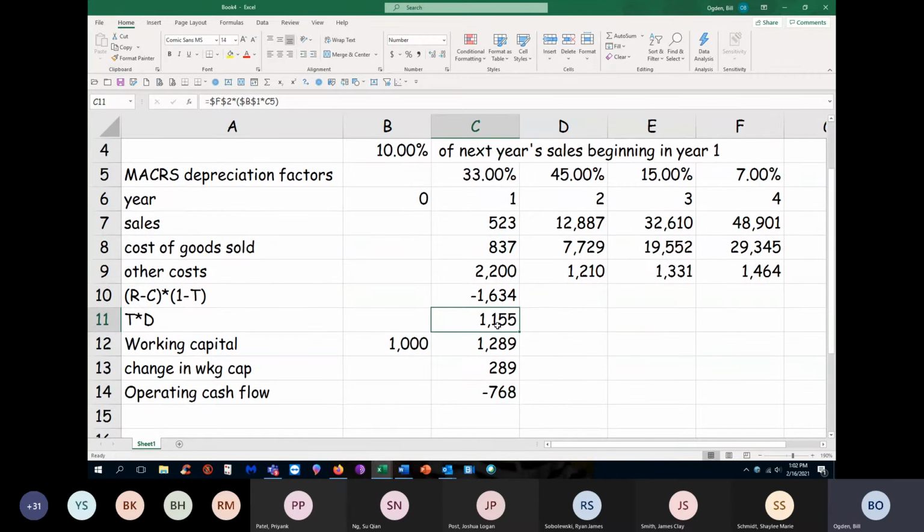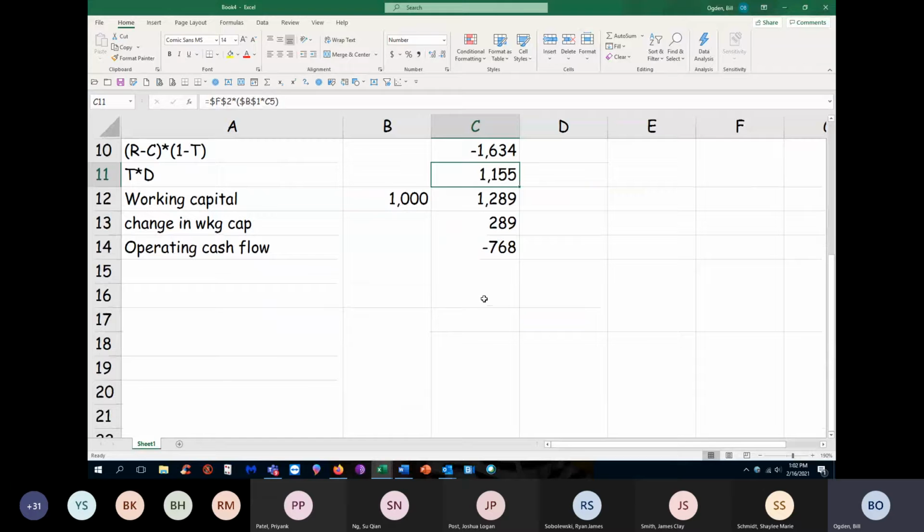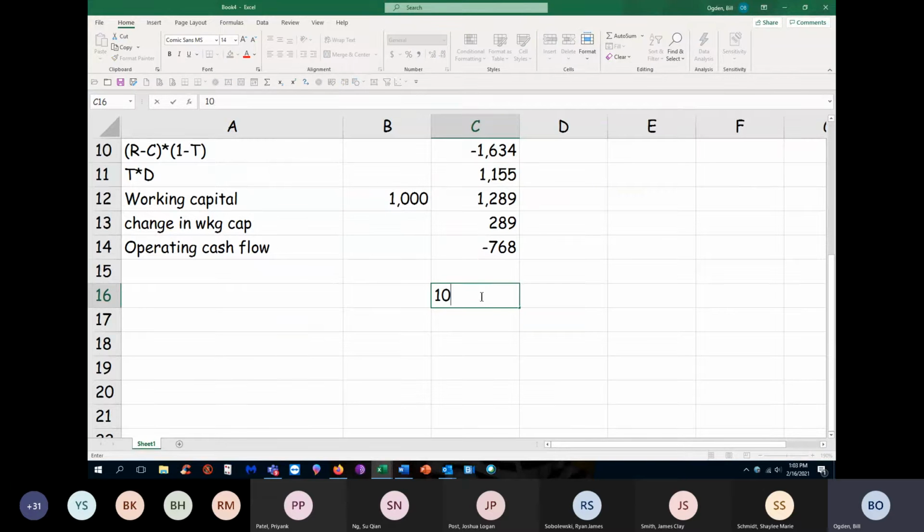And that's how I got this number. So it would be $10,000 times 33% times the tax rate, 35%.